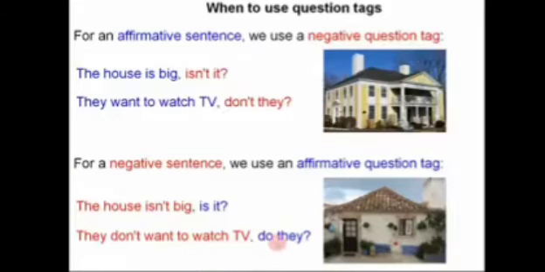They don't want to watch TV, do they? They don't want to watch TV is a negative sentence. Do they is the positive question tag. So by now you should have found out that affirmative means the same thing as positive. My lovely students, indeed you have a lot to learn in this lesson.